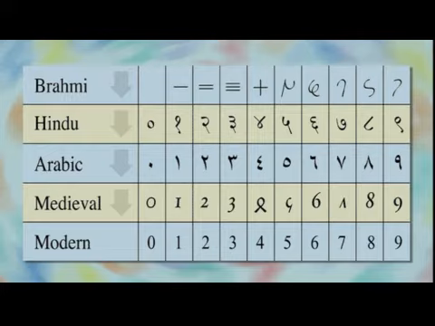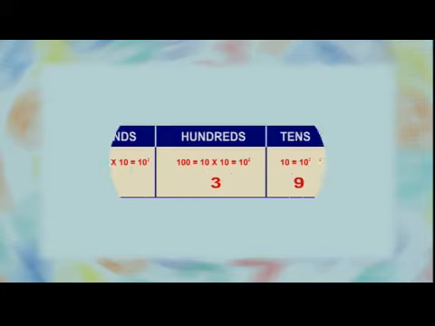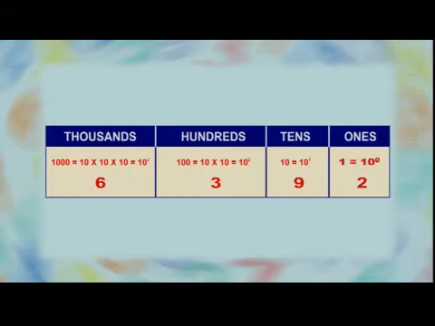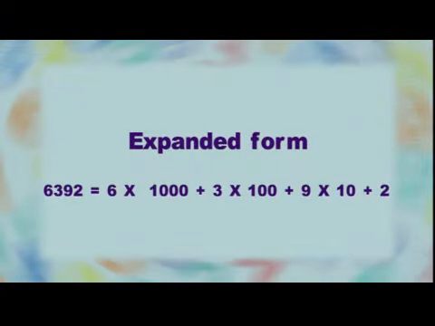Thus, the number can be read as 6392, and we think of it in columns as illustrated in the following table. When we write numbers in expanded form, for example, 6392 can be written as 6 into 1000 plus 3 into 100 plus 9 into 10 plus 2.